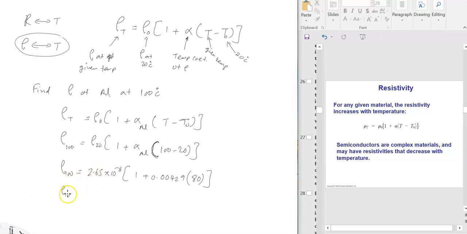So when you do the math, you actually get a higher number, 3.55 times 10 to the negative 8 ohm meter. So this is how we find resistivity. This is how we use the resistivity and temperature equation. Okay, let's try another one.